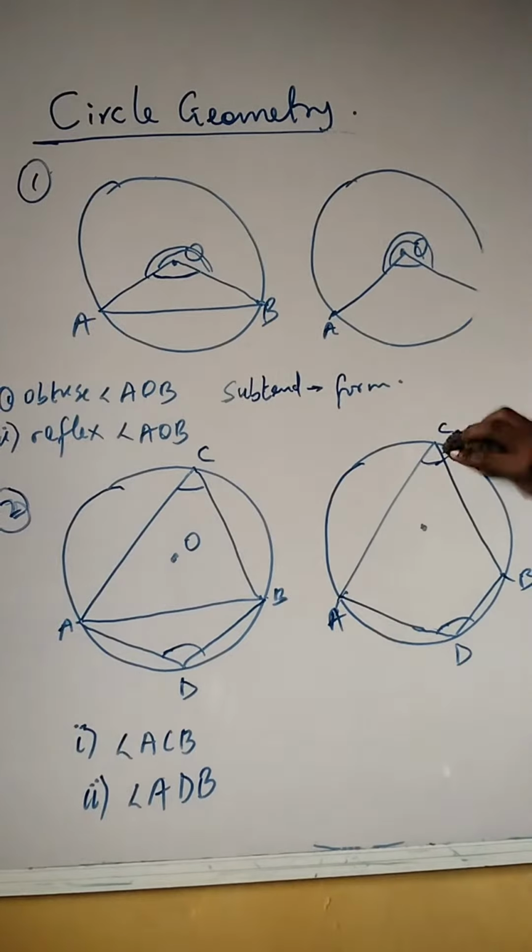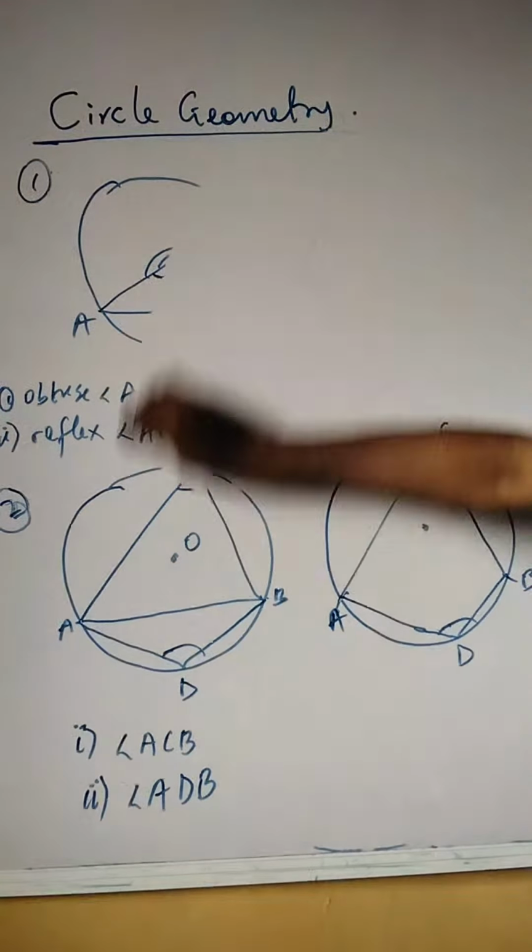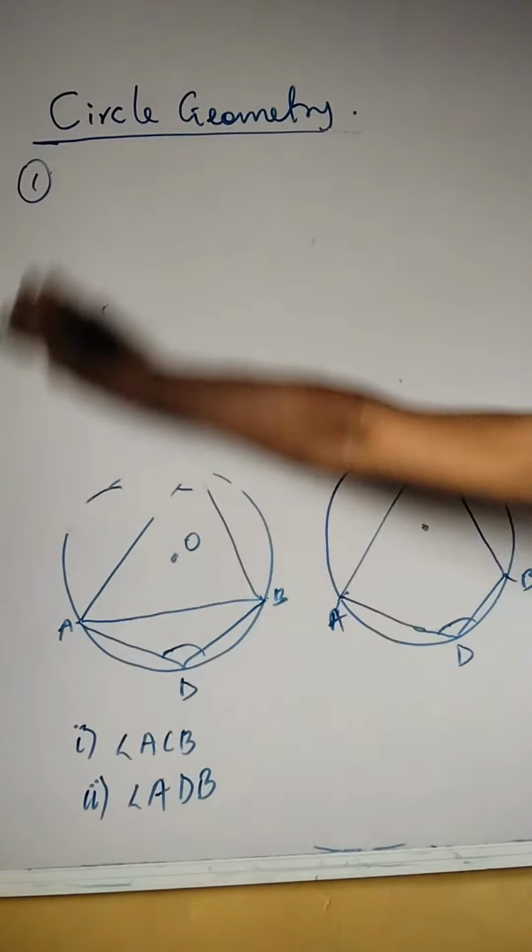Now let's consider the first theorem in circles. So we label this as theorem 1.